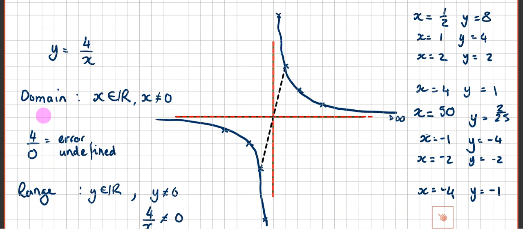So we've stated the domain, we've stated the range, we've got the equations of the asymptotes here, we've explained why, and we've got the shape of the graph. We have actually plotted some points so that I've got it. Okay, any questions on that?